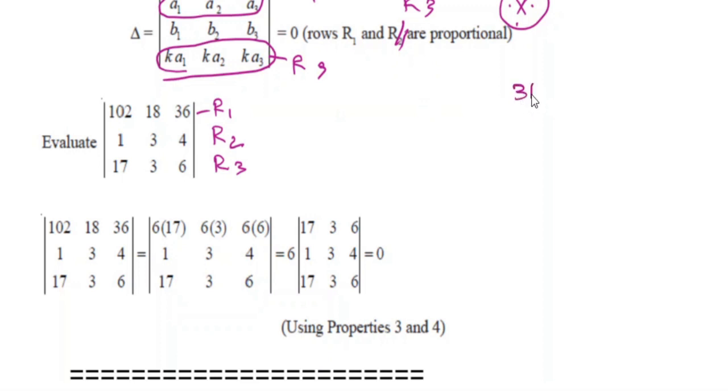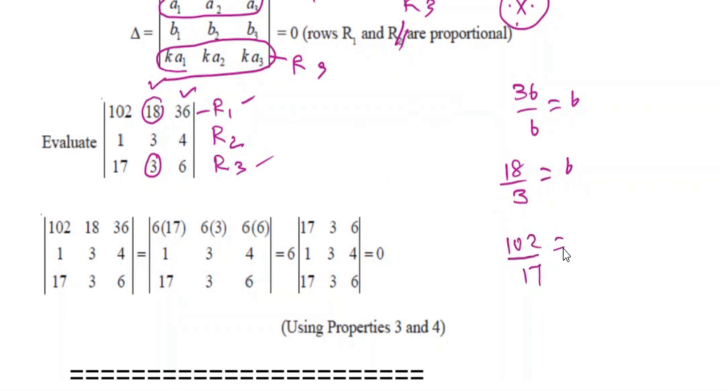So 36 divided by 6 is 6, is it not? And then 18 by 3 also gives 6. 102 divided by 17 is 6 times. So it is proportional. Definitely it should give 0. Likewise we can declare. Got it?